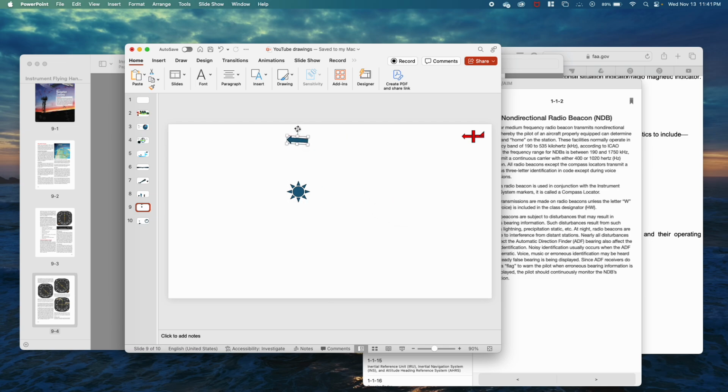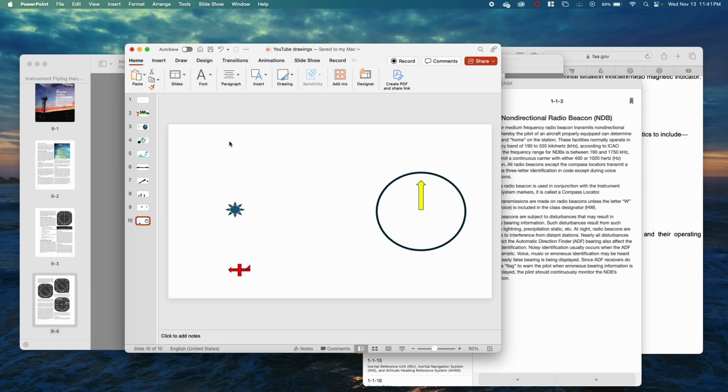Right here, my bearing to the NDB is 180. If I was going to this red plane here, my bearing to this red plane from this position, let's say, is 040. It's the course to something, that's all bearing means.